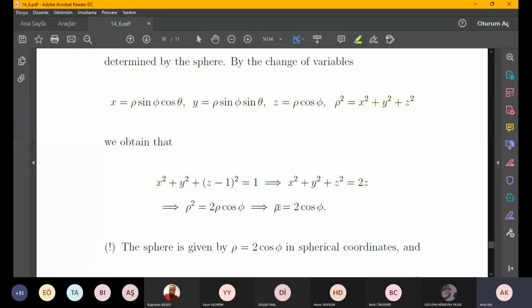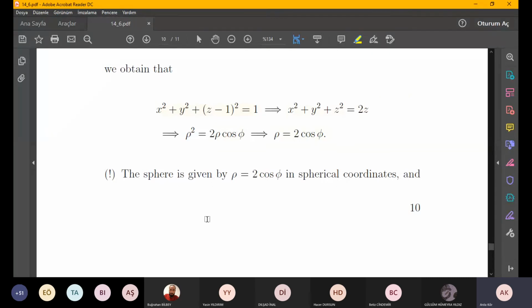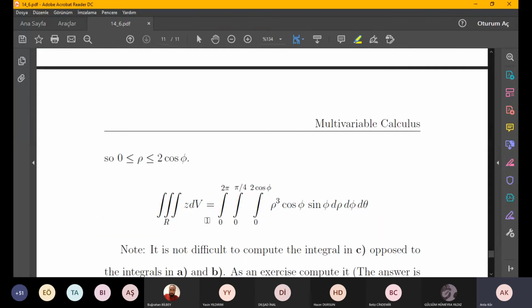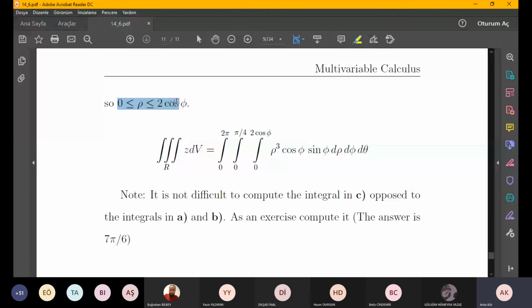So rho equals 2 times cosine phi, which is determined by the sphere we have, using the change of variables in spherical coordinates. So this will be the limit of integration for rho.